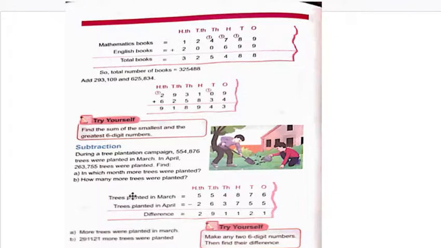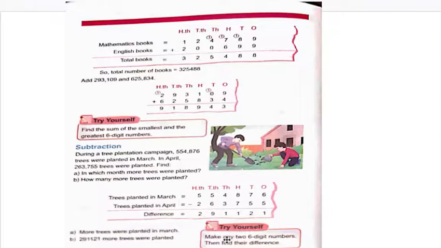Trees planted in March minus trees planted in April. The difference will become 291,121. More trees were planted in March, and 291,121 more trees were planted.